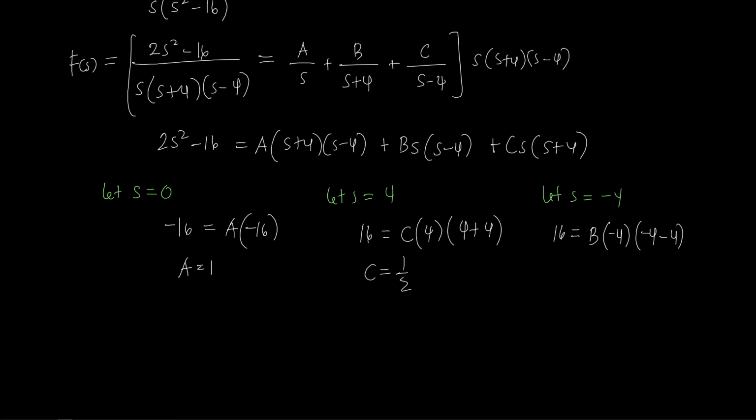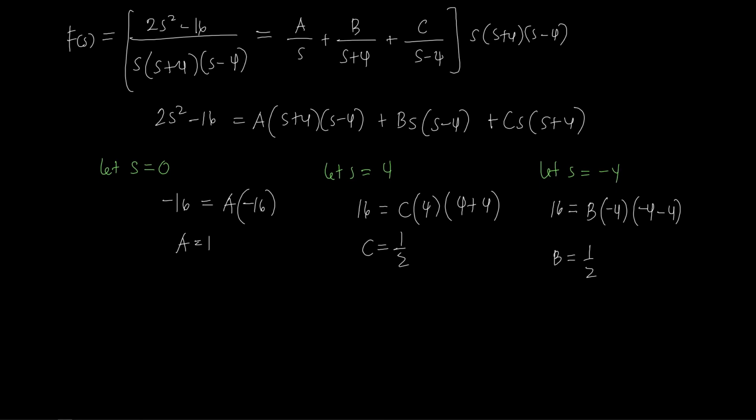Nakasunod? So, this is negative 4, this is negative 8. Negative 4 times negative 8, that is 32. 16 divide 32, still B is equal to 1 half. Nakasunod? Yes, sir.